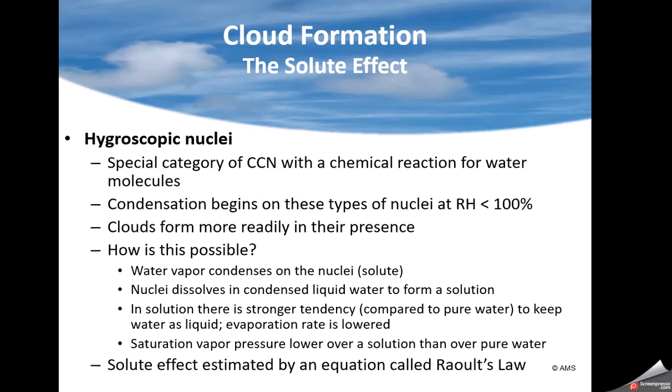So that's where these nuclei come in. They actually bond with the water at that very small level and create a solution that actually tends to hold the water in place, keeps it being liquid. So these cloud condensation nuclei are needed. They keep the relative humidity 100% or less to form clouds.